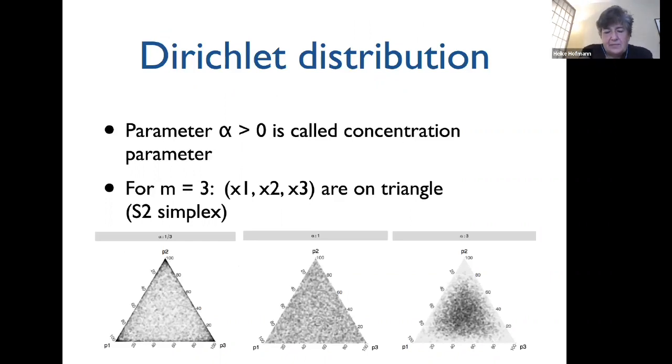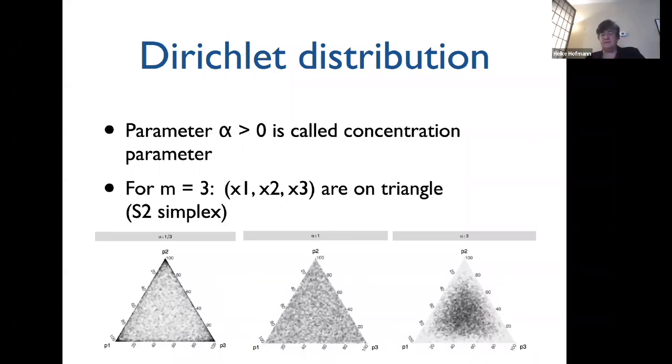Each one of these triangles is visualizing the S2 simplex, and we're looking at p_1, p_2, and p_3. They add up to 1. When we're sampling from a Dirichlet distribution with alpha equals 1, we end up in the middle. So all of those points are equally likely. That's a uniform distribution on the simplex. Every combination of p_1, p_2, p_3 is equally likely.